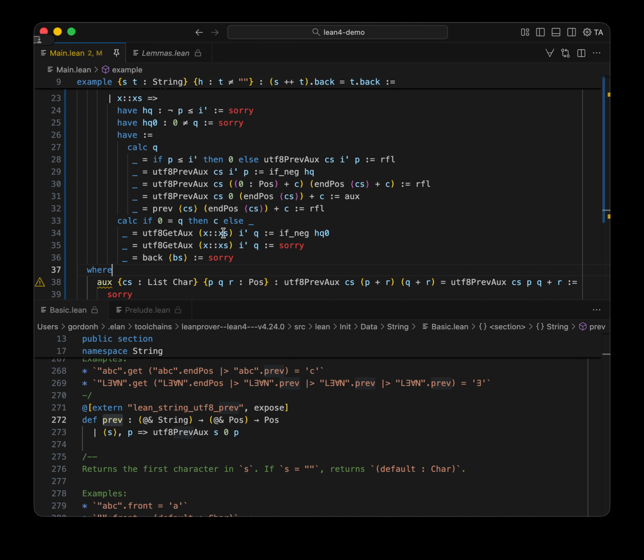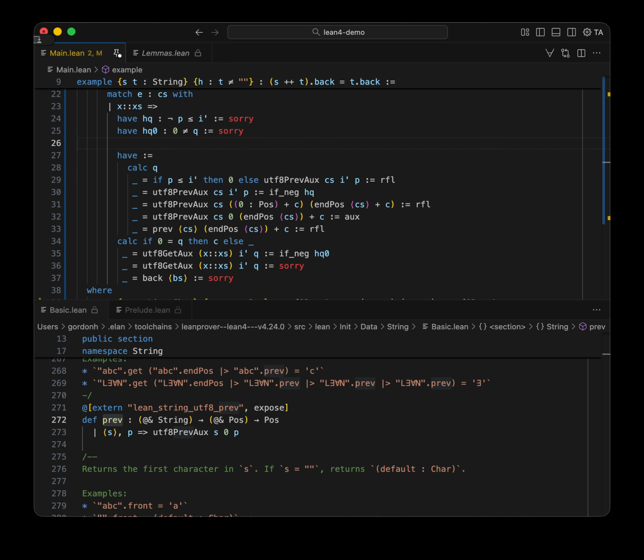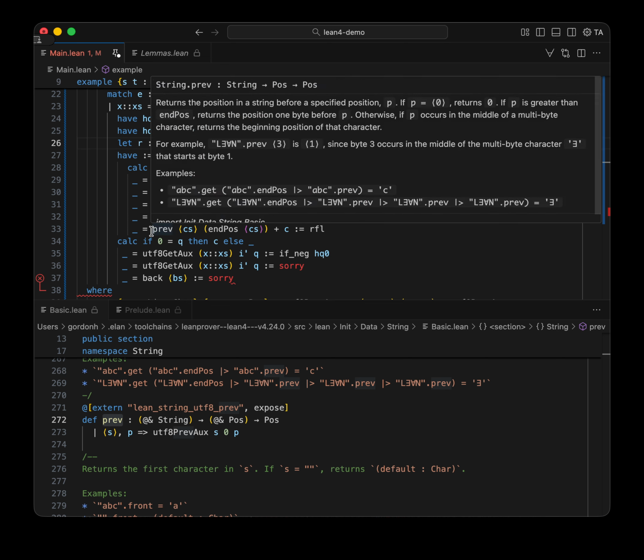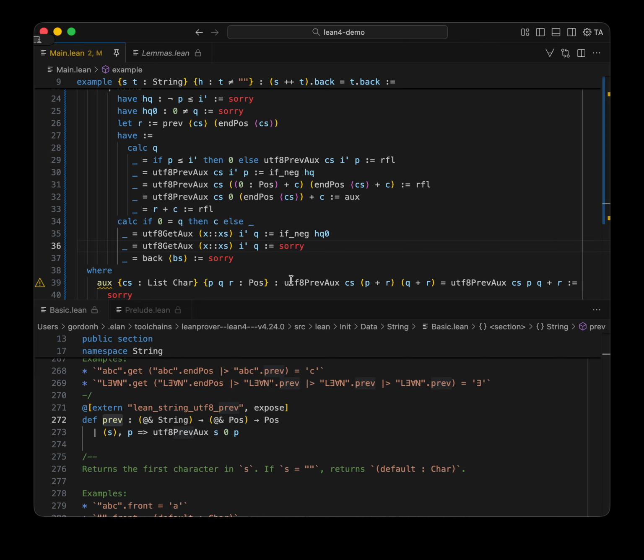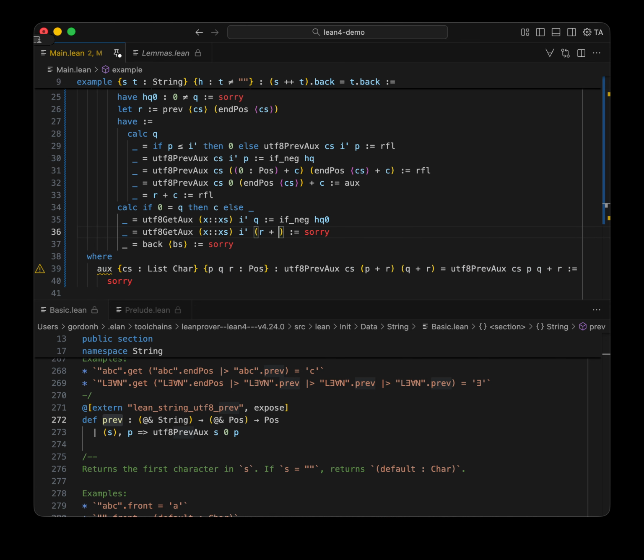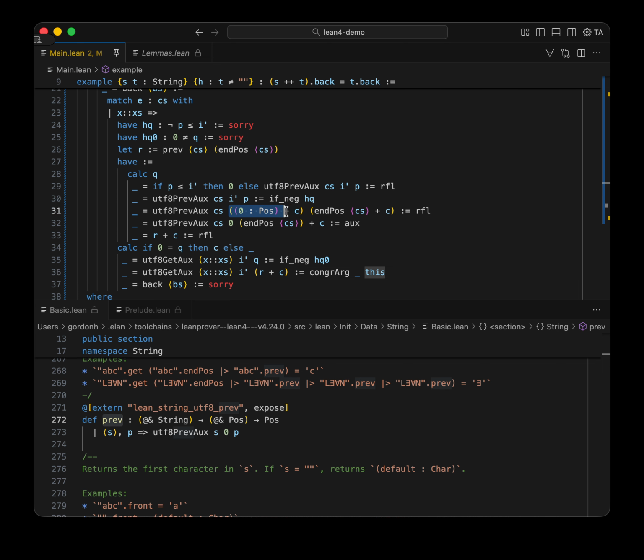Okay, let's give it another name. Q is actually R. Okay, with this we can now have this equality. So again, I prime is this.